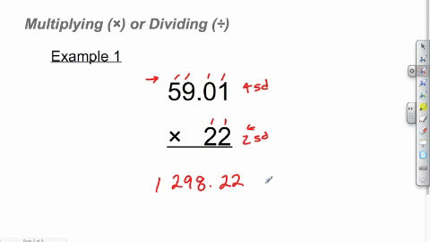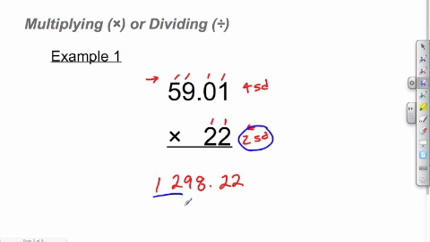I see that my answer comes out on the calculator to be 1,298.22. Now remember the rule said that I can only have the same amount as the value from my calculation that has the fewest number of significant digits. So this answer right here needs to be rounded to 2 significant digits. All of these digits are significant according to the Pacific rule.